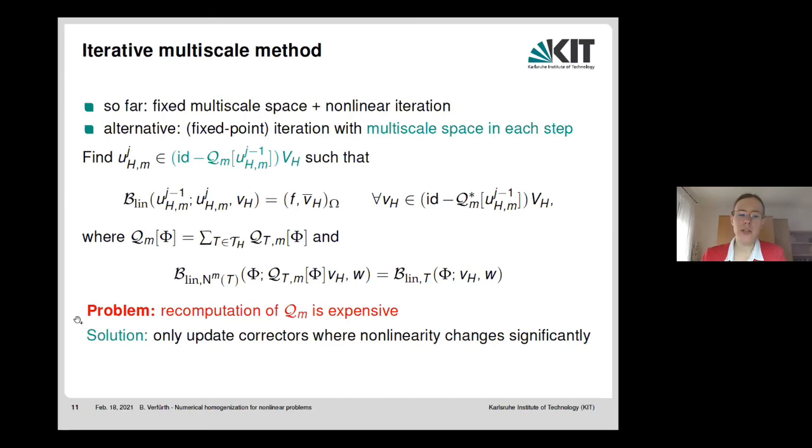The idea now is to not completely discard this approach, but to make it more efficient. Because these correction operators can be split into local contributions, you only need to update the correctors in parts of the domain where the nonlinearity has changed from one iteration step to the next, so where this U_J^H,M changes a lot.